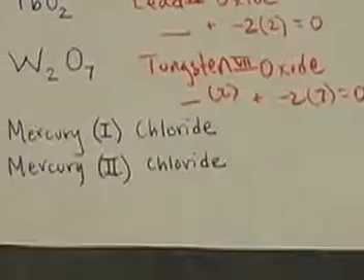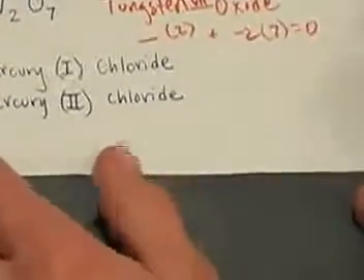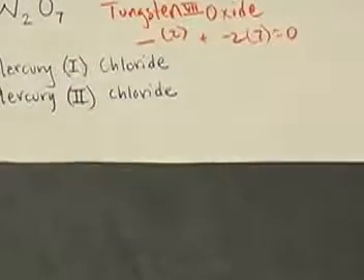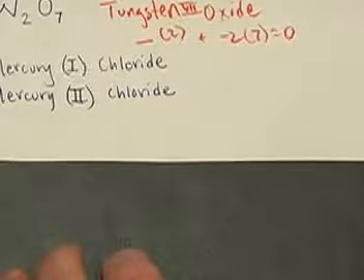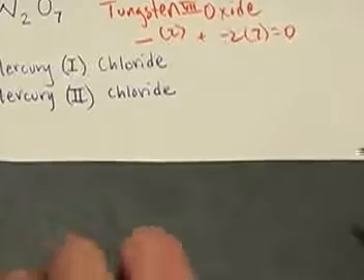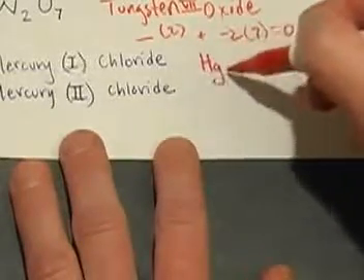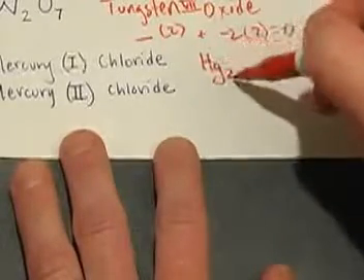All right, these last 2 are the trickiest ones that you'll encounter. They involve the element mercury. Mercury has 2 forms. There's mercury 1 and there's mercury 2. Mercury 1 is a strange polyatomic cation. Mercury 1 is 2 mercury atoms stuck together, each with a +1 charge.